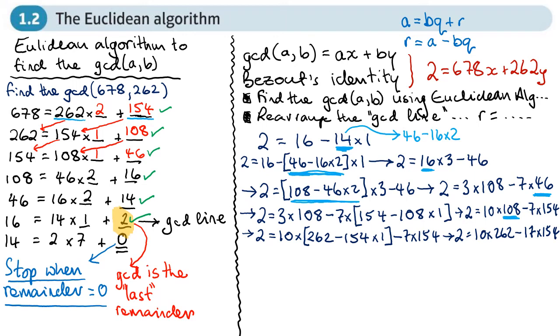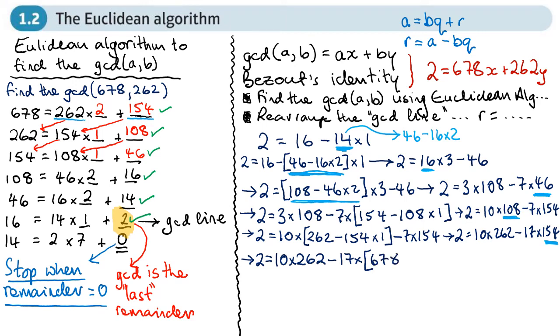Right, so 154 is going to get substituted. So now if I do that, I'll have 2 equals 10 times 262 minus 17 times by, and that substitution is going to be 678.